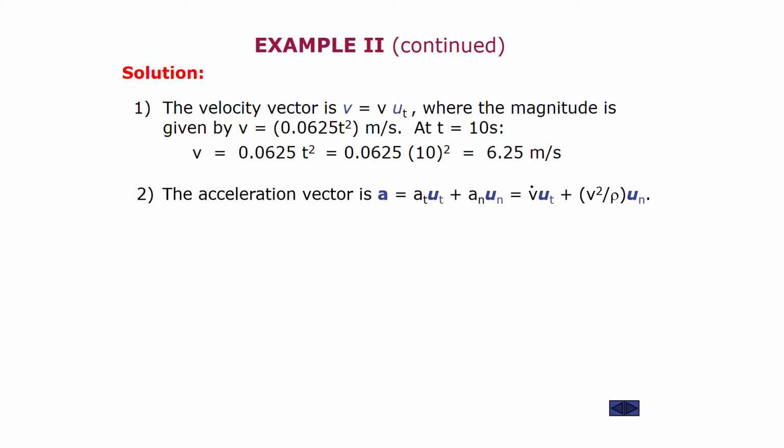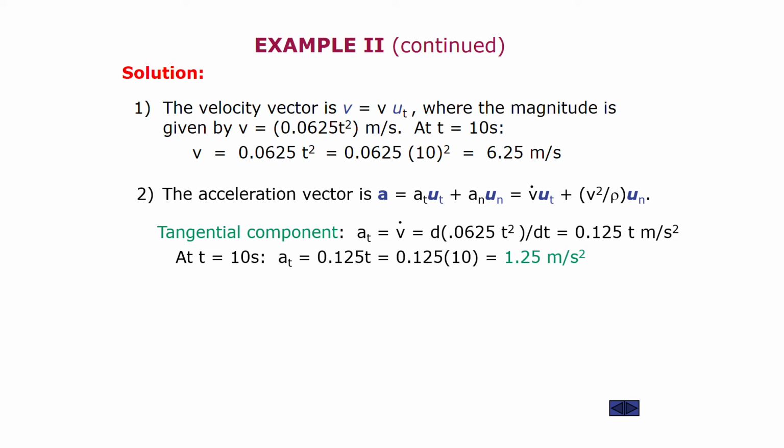We have already found v is equal to 6.25. When you differentiate that equation, you get 0.125 t. Just substitute t equal to 10 seconds, so you have the acceleration of 1.25 meters per second squared.